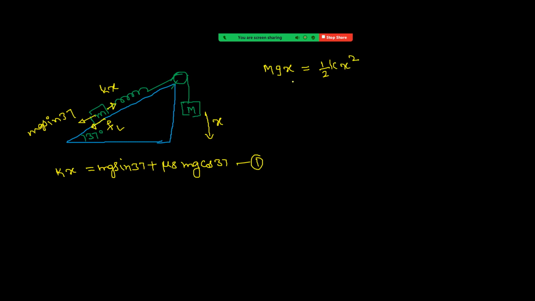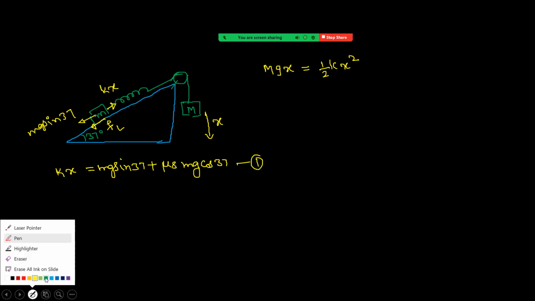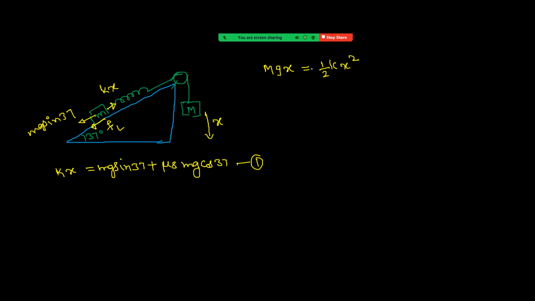Now see here what we can do. x gets cancelled. kx is equal to 2mg. Substitute that now in this one. In the place of kx, writing here 2mg.